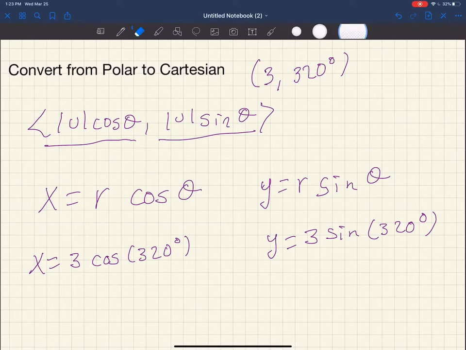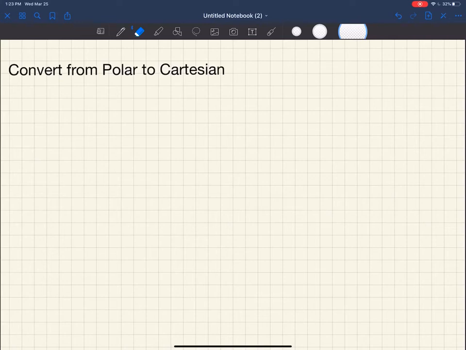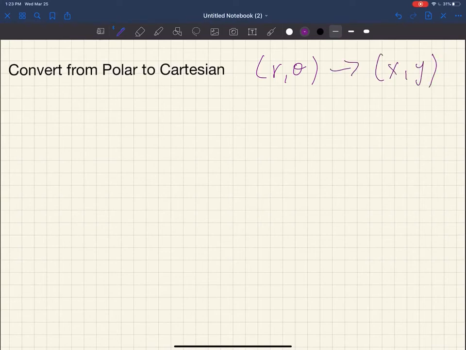If you want to convert from polar to Cartesian coordinates, remember polar equations are in the form (r, θ). Cartesian are in the form (x, y). So there is a connection to vectors. If you were to graph your polar coordinate, the head of the vector will be the same as your polar coordinate.